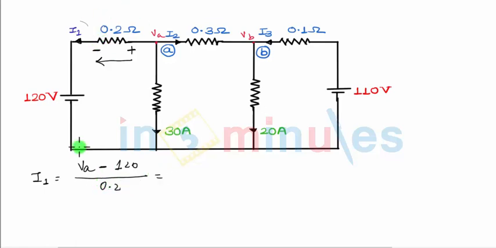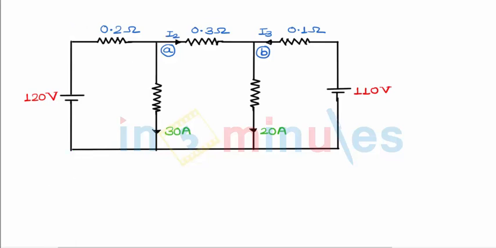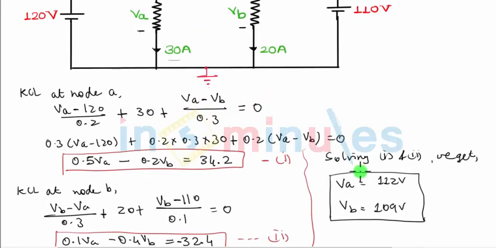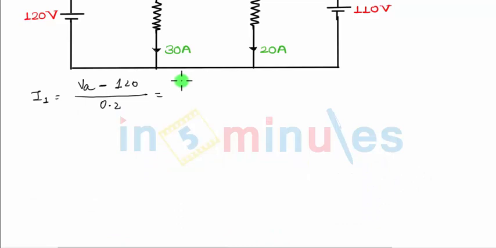We already know the value of VA from the previous discussion, so let me use that value. VA is 112. That gives me (112 minus 120) upon 0.2. So when you solve this, it will be minus 8 upon 0.2, and it will come out to be minus 40 amperes. So it is minus 40 amperes with the direction they have given, towards left.